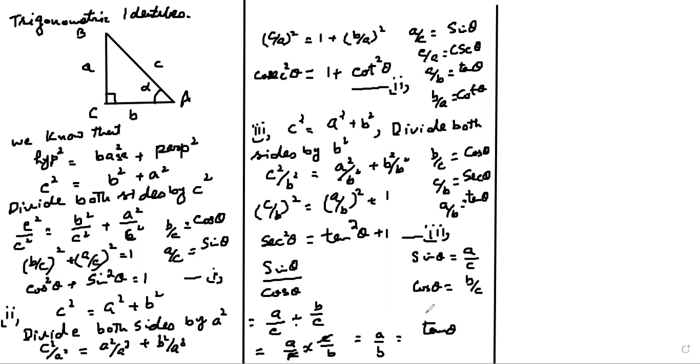So we come to know that tangent theta equals sine theta divided by cosine theta.